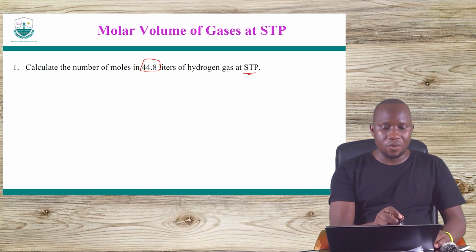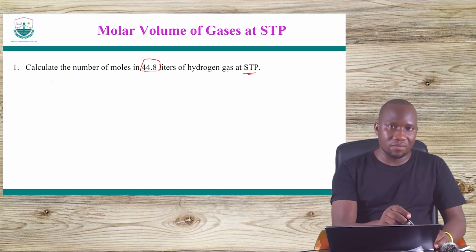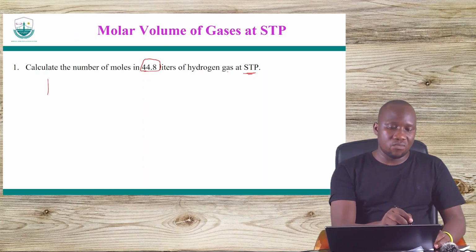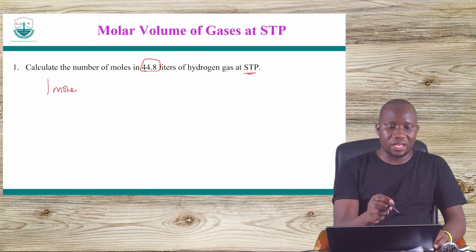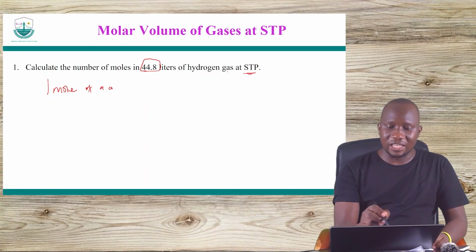From what we have looked at, we know that at STP, that is at standard temperature and pressure, 1 mole of a gas, and in this case 1 mole of hydrogen, right?